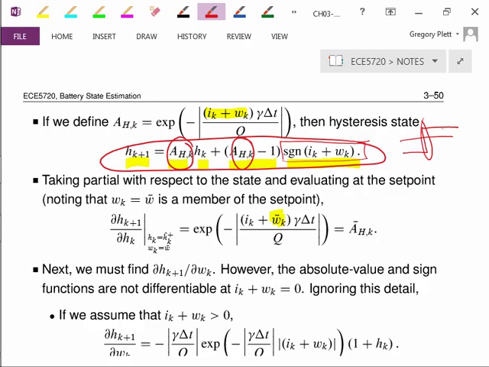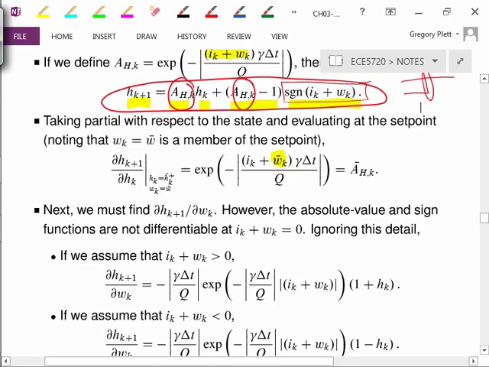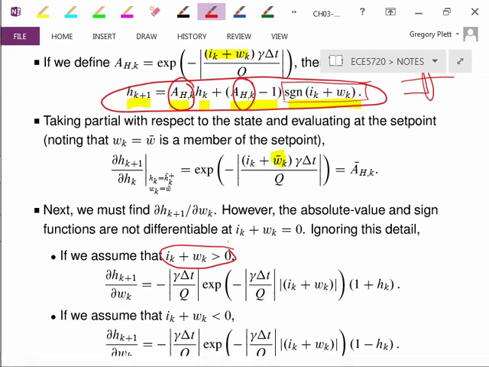What we're going to do is make a couple of assumptions. We'll assume first, what if I plus W happens to be bigger than 0? If we happen to know that, then I can take the derivative of the sine function because it's away from the non-differentiable point. I did this in Mathematica, so I believe it's right, but you can go through and double check if you'd like.